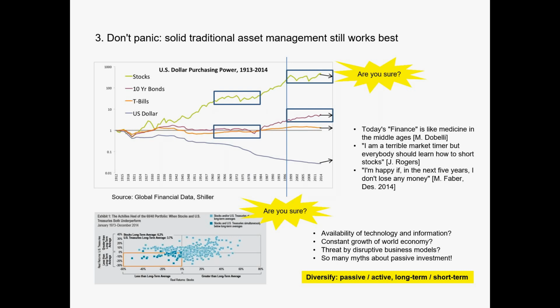I think the better diversification is not the typical asset allocation, but to diversify in passive and active strategies, and more importantly, short term and long term.